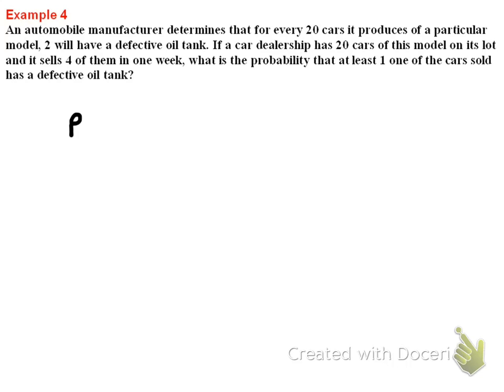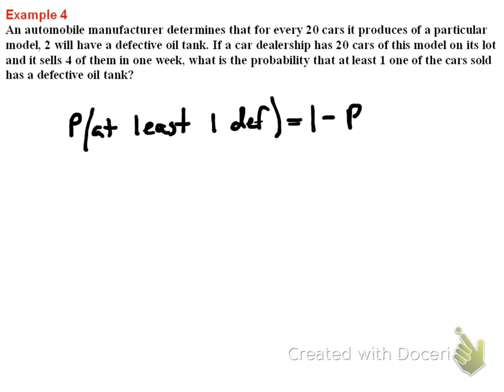The probability for selling at least 1 defective oil tank will be equal to 1 minus the probability of selling no defective oil tanks. Okay?